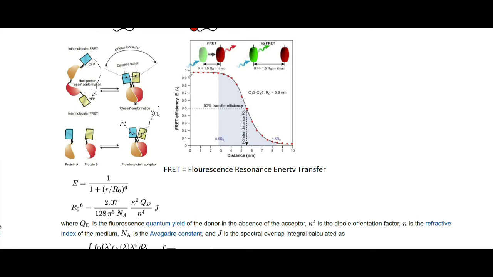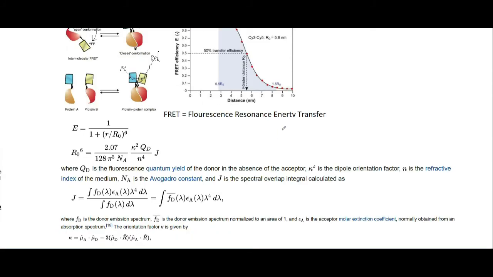And you can see that here when our molecules are close together, we hit it with a light, it fluoresces, which excites this one, and then that releases fluorescence light. And when these get too far away from each other, then we lose our fluorescence efficiency. I'm not going to go through the math here.